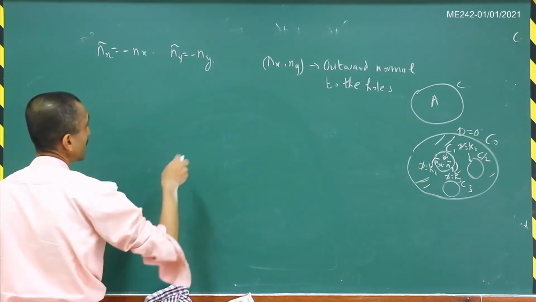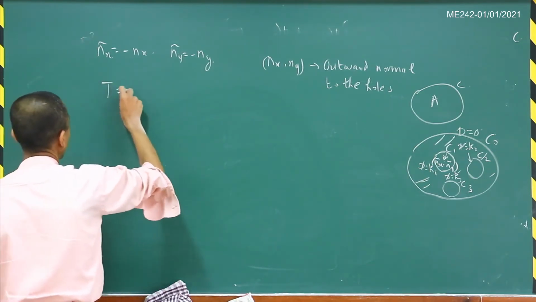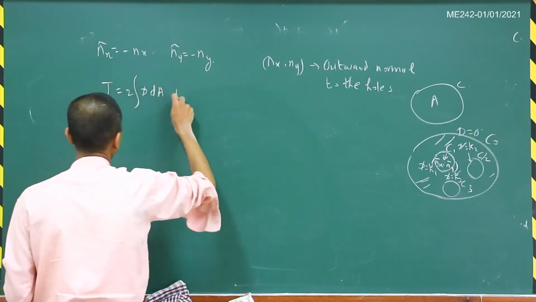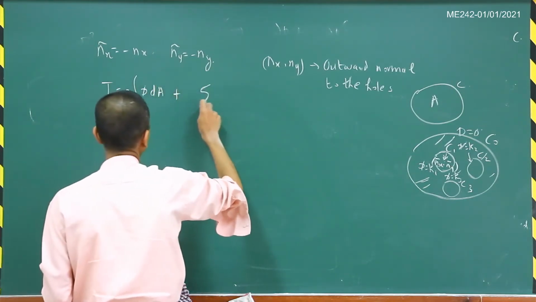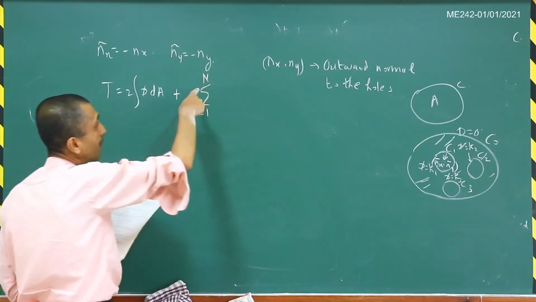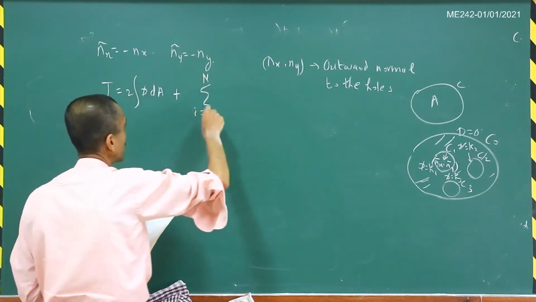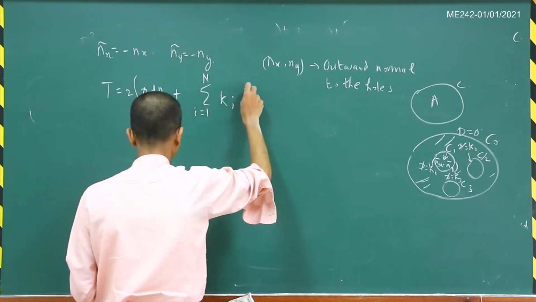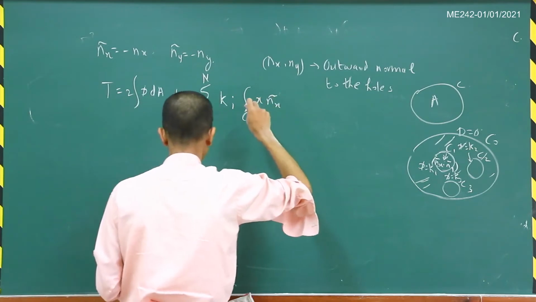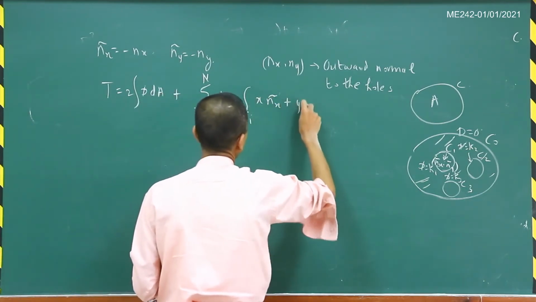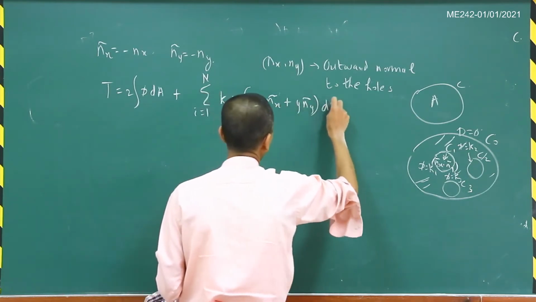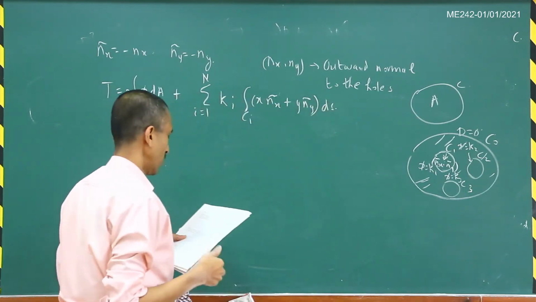So I can write now, using that expression which I had, this is 2 times the integral of phi dA plus the summation i equal to 1 to n, where n is the number of holes, of Ki times the integral over Ci of x nx tilde plus y ny tilde times ds. So this is what you will get.